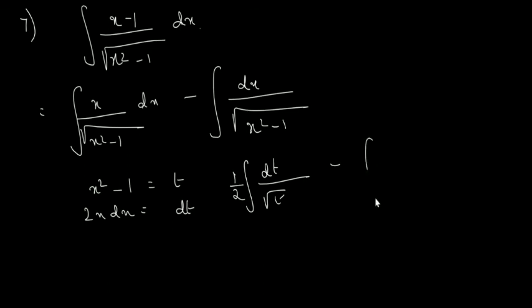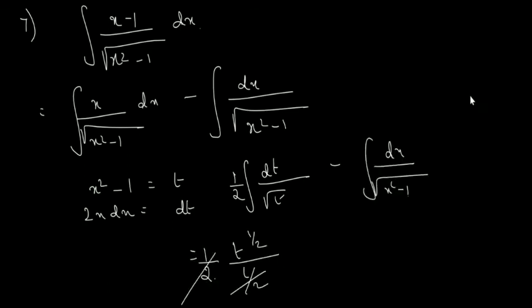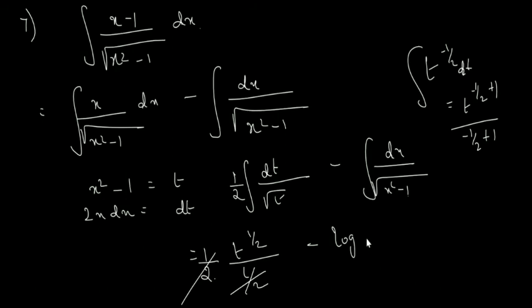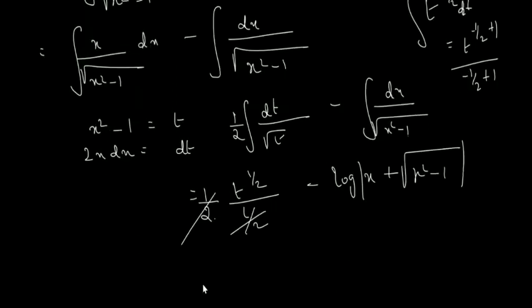So you can use the formula straight away, t power minus half, integration is t power minus half plus 1 by minus half plus 1. So that is t power half by half. Minus, this is integration of 1 by root of x square minus 1, which is log x plus root of x square minus 1, straight formula actually. So it is equal to root of x square minus 1 minus log x plus root of x square minus 1.